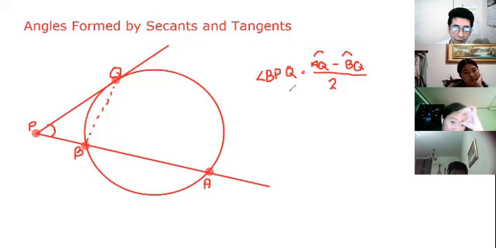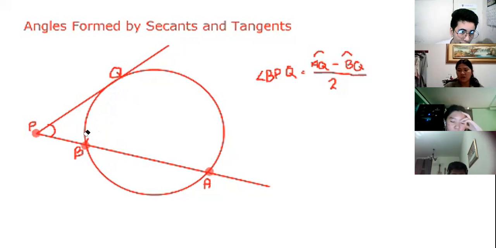And also. To find the angle of BPQ, we need to subtract the arc AQ and BQ. Okay? So these two arcs. So tanggalin muna natin tong imaginary line natin dito. Tanggal lahat. Okay? So meron tayo ditong arc AQ, yan.